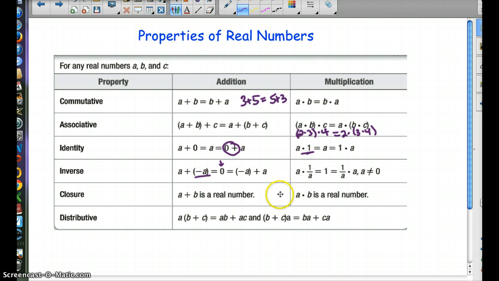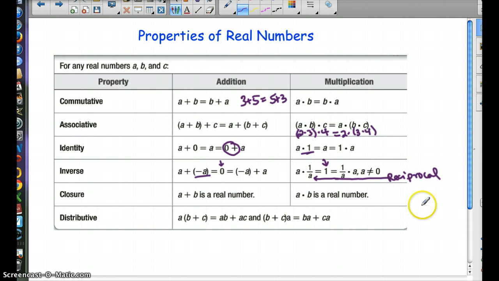And then the multiplicative inverse is 1. How are you going to get 1? What do you have to multiply by? Well, do you remember that R word from, I think you used it in geometry too. This is the reciprocal. Okay, reciprocal. So you're multiplying by the reciprocal to get 1.